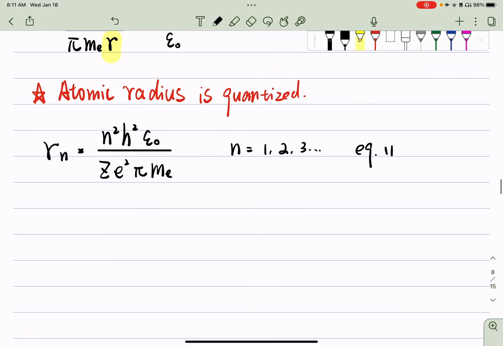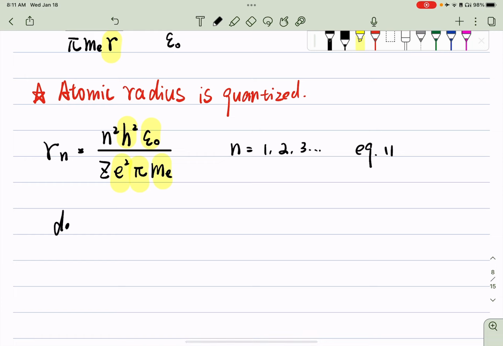And for simplification, in this case, we have n, that's the quantized level; h is the Planck constant; epsilon naught, that's the dielectric constant; e is the charge of the electron, that's a constant; pi is a constant; the mass of the electron is a constant.